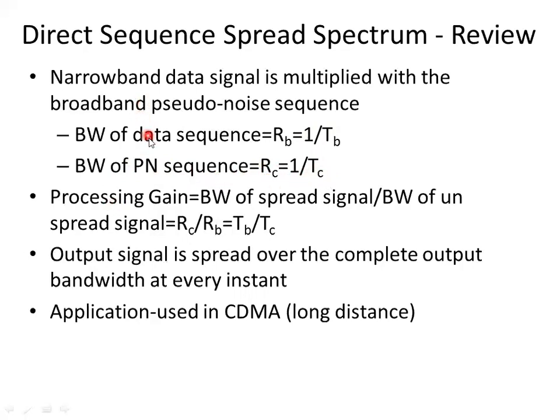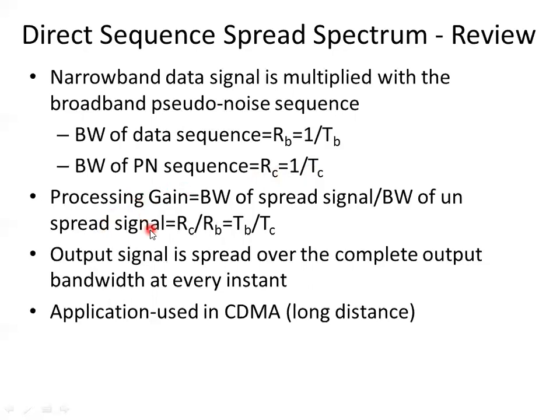When we multiply these two, the product signal bandwidth will also be almost equal to the bandwidth of the PN sequence. So that means we are increasing the bandwidth of the data sequence so as to protect it from jammers.